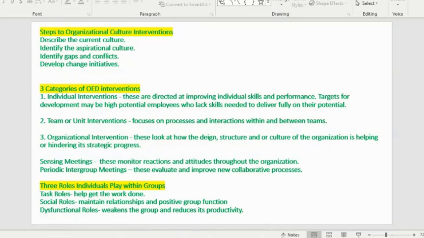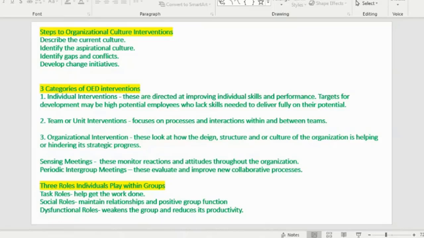Now, with the individual intervention, these are directed at improving that individual's skills or performance. And the target for this could be high potential employees who lack the skills needed to deliver fully on their potential. It could also be those on PIP, those on performance improvement plans.